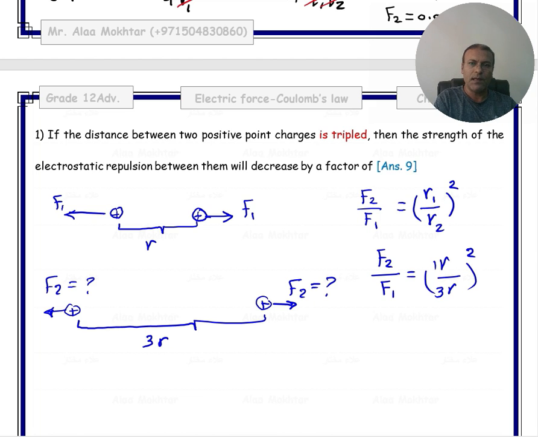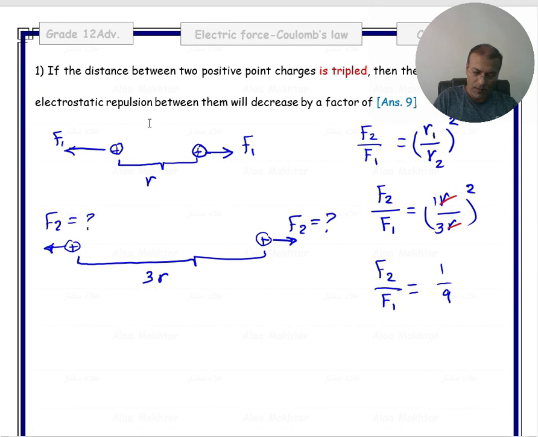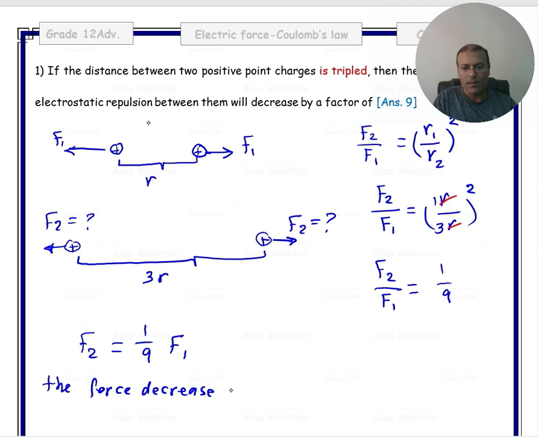We can cancel distance with distance, so the force in case number 2 over the force in case number 1 equals 1 over 9. What does it mean? It means the force in case number 2 equals 1 over 9th of force number 1. It decreases. It means the force decreases to 1 over 9th.